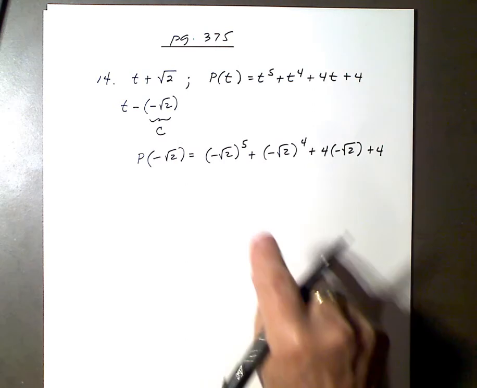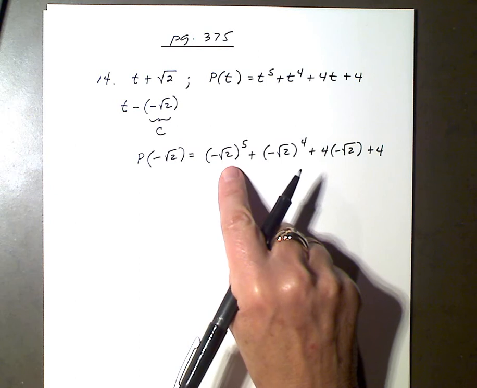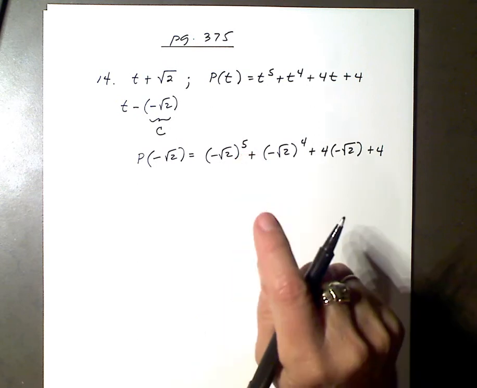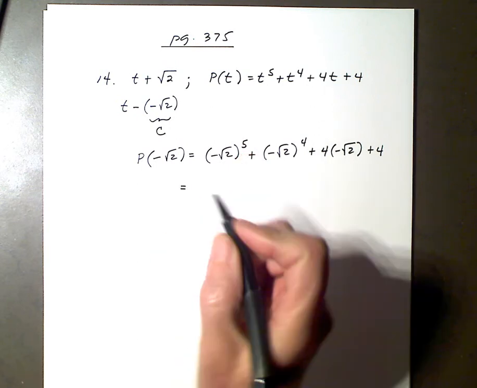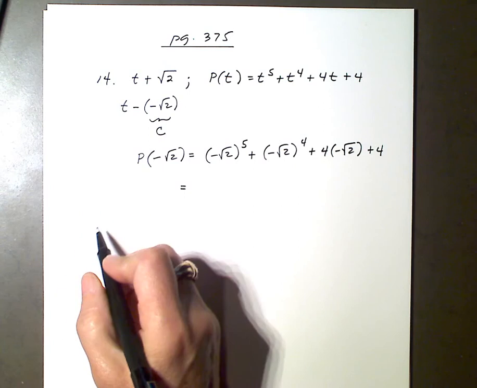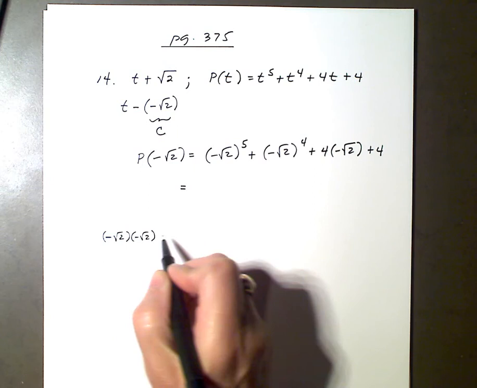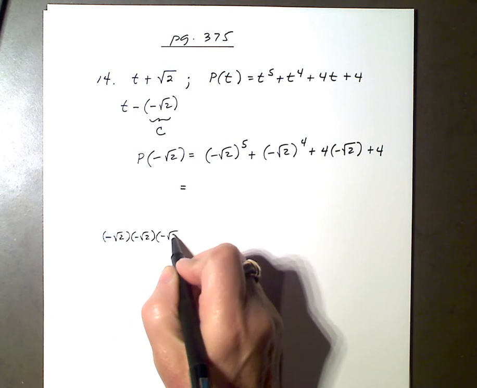So root 2 times root 2 is 2, and another root 2 times root 2 is 2, and 2 times 2 is 4, and I'll still have a root 2 left over. And this is a negative raised to an odd power, so I will have a negative value. So again, if I just take it out to the side, negative root 2 times negative root 2, let's do 5 of them just to show.